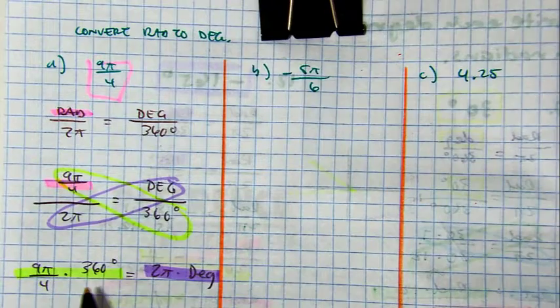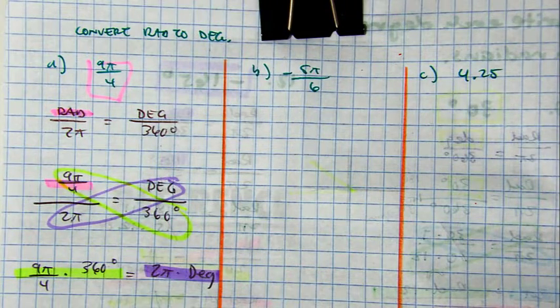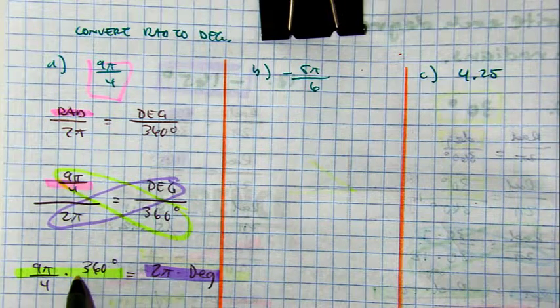Class, where's the 360? Numerator, denominator? How can I make that a fraction? Put over 1.